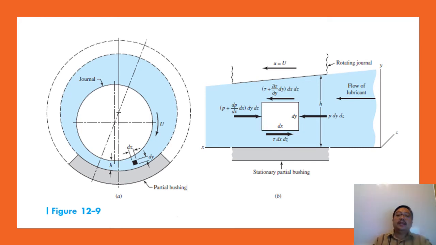Okay, you see here, the flow is going here. The flow is assumed to be in one direction. Okay, and then this is a particle, one particle. You can imagine one particle as one element, one molecule of lubricant.